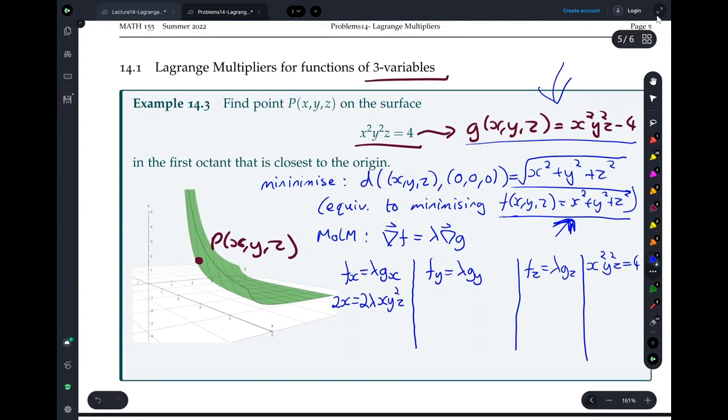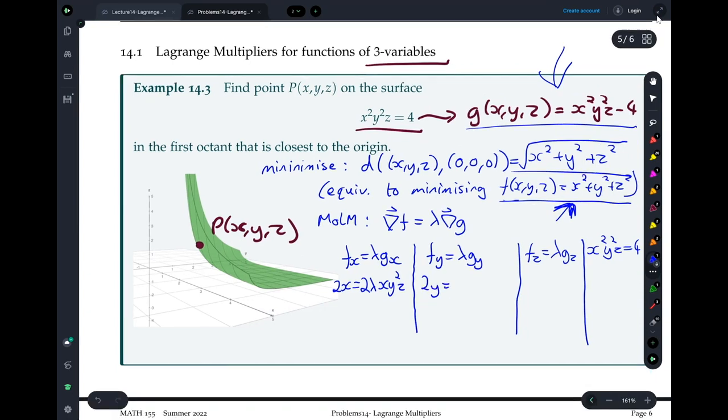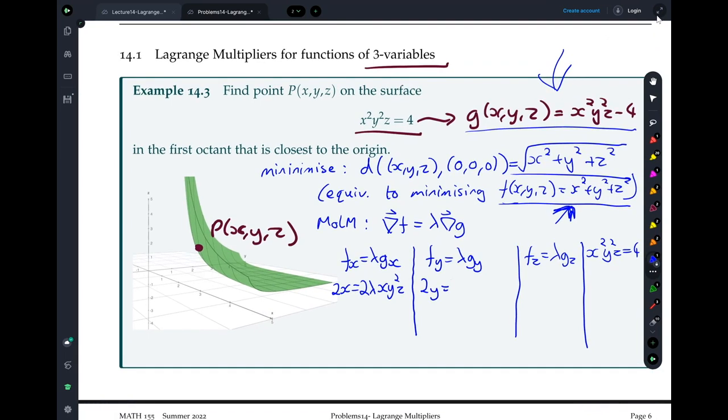And if I just fill in the other ones, we have 2y here, because it's basically the same thing, times by slightly different here, 2 lambda x y squared z. No, sorry, x squared y z, that should be. x squared y z.